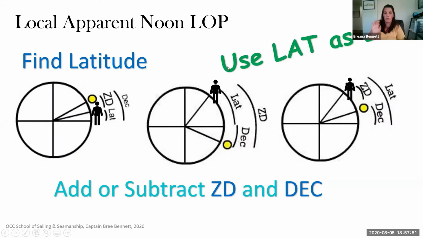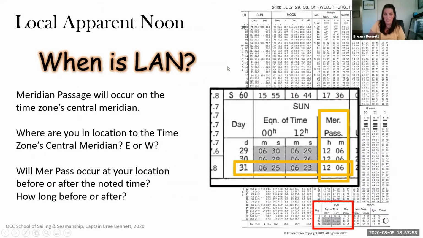So the next step is, when is LAN? So how do I know this is going to happen? Or am I just going to stand out there for an hour waiting for the sun to peak on the horizon? It's in the Nautical Almanac. So it is under sun, and it's meridian passage of the sun. So that's when the sun is going to pass your meridian on a given day.